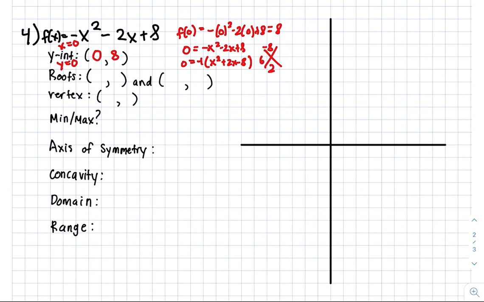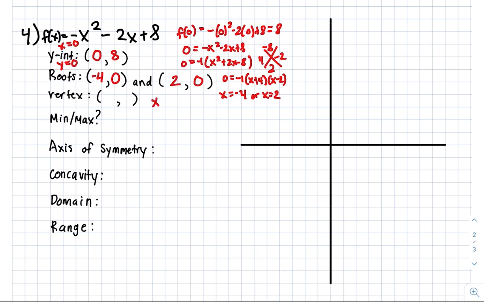That is 6, and nope. That is 4 and negative 2. So 0 equals negative 1 times x plus 4, x minus 2, which means x is going to equal negative 4, or x is going to equal 2. So y is equal to 0, because we declared that at the very beginning. And x is negative 4, and x was also equal to 2.